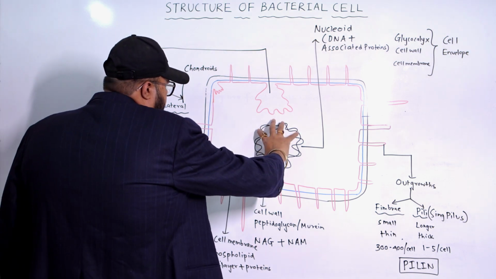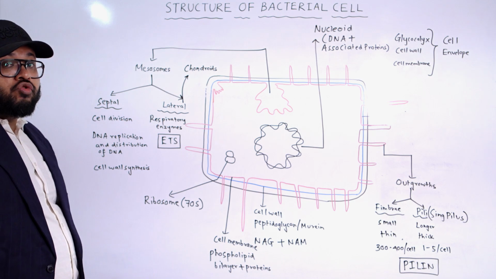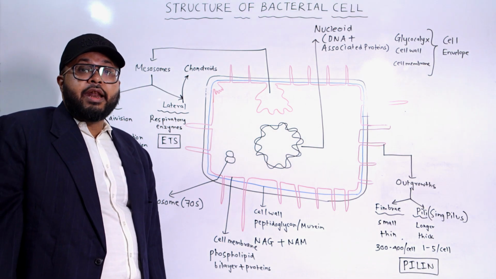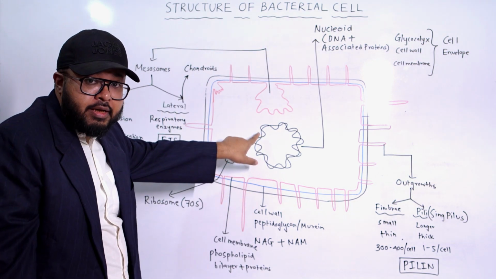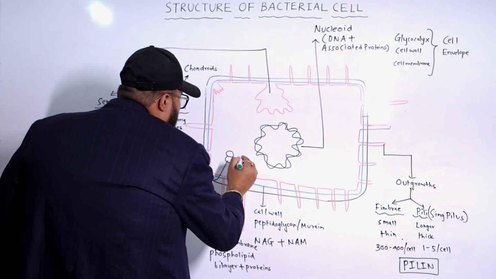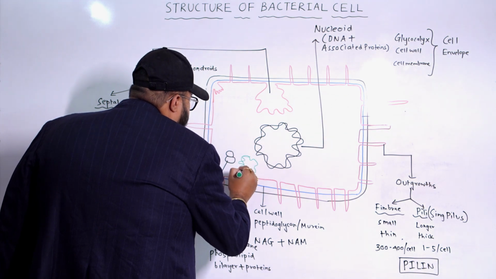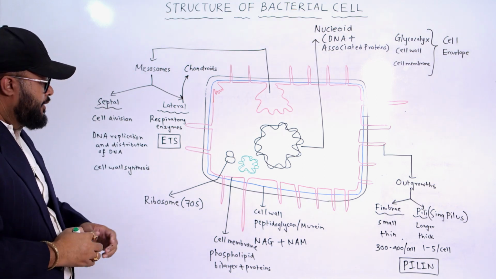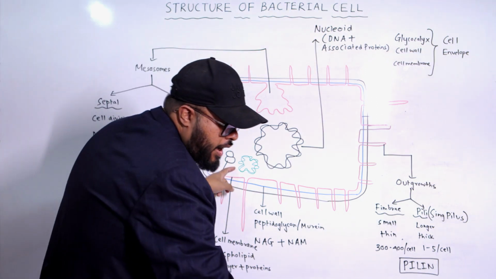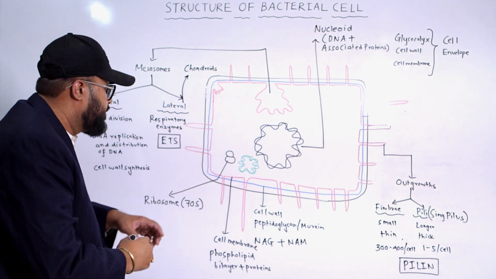In addition to the main DNA, small extra chromosomal double-stranded circular DNA may be present. This small extra chromosomal double-stranded circular DNA is called plasmid.